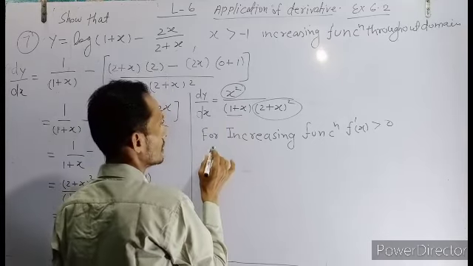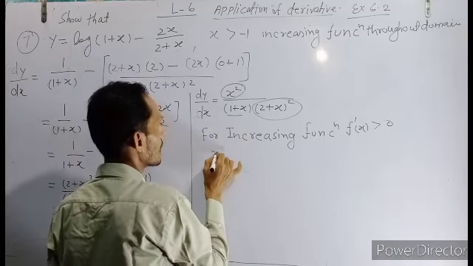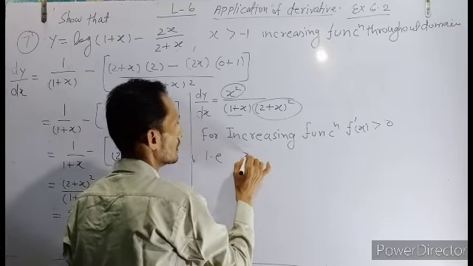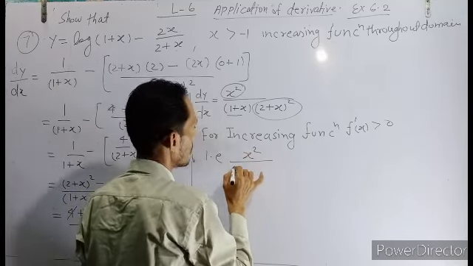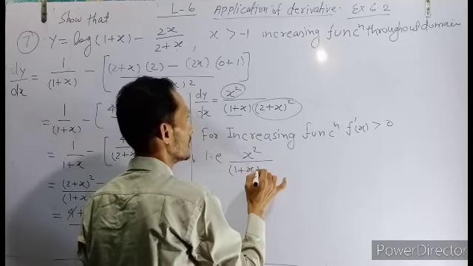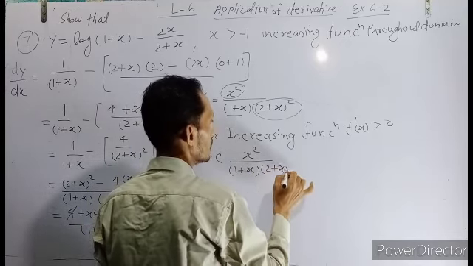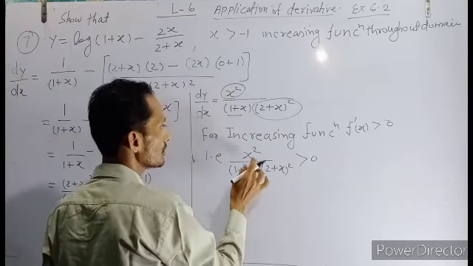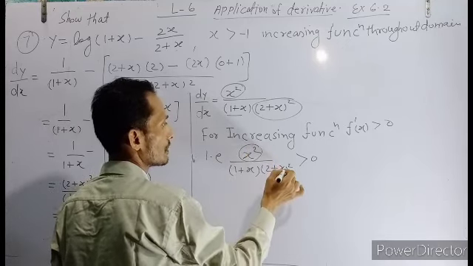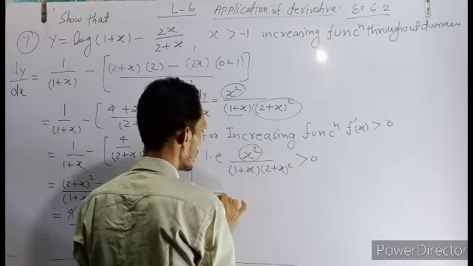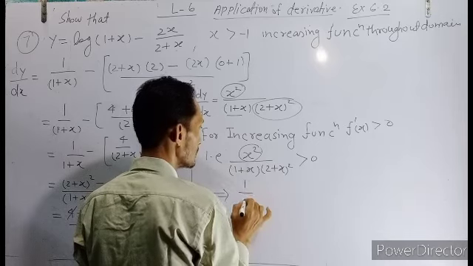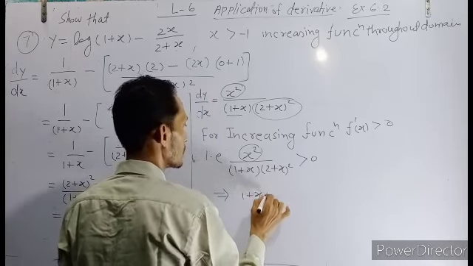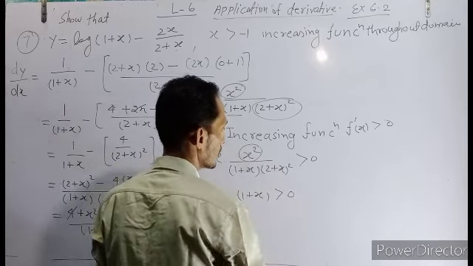So it means x square upon (1 plus x) into (2 plus x) whole square should be greater than 0. The other factors are always positive, so it depends only on 1 plus x being greater than 0.